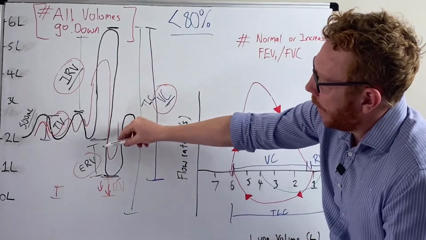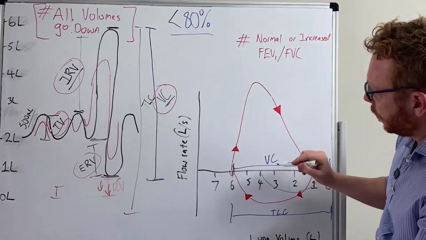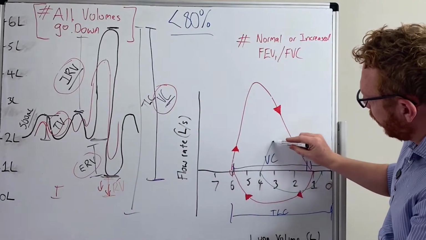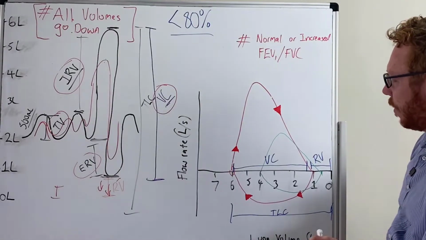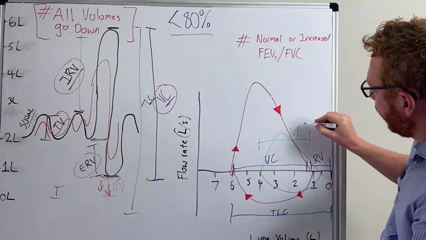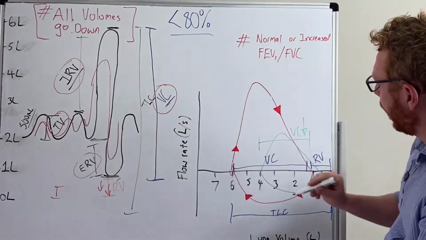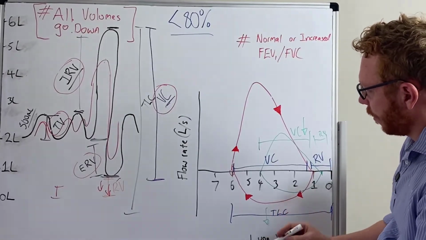Your ability to get all that out is diminished, and particularly the speed. So it's going to be a lot lower. You're still going to come back to that point. So what's going to go down is the vital capacity, which we saw over there. The residual volume's gone down and the total volume's gone down.